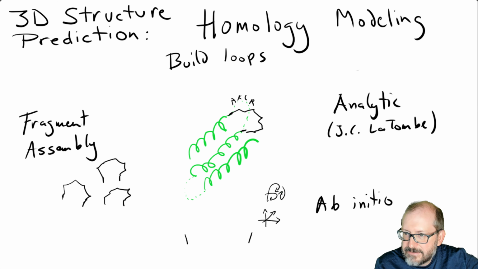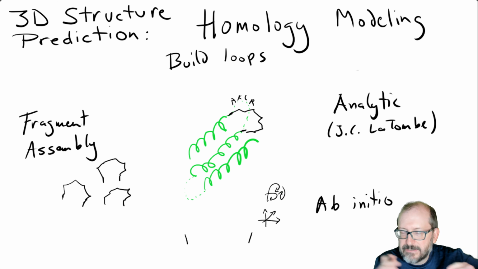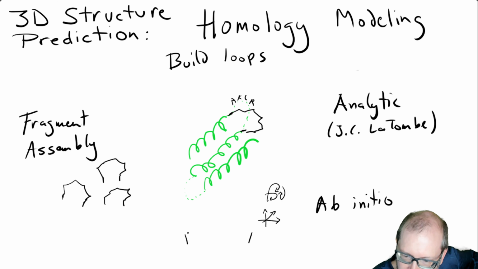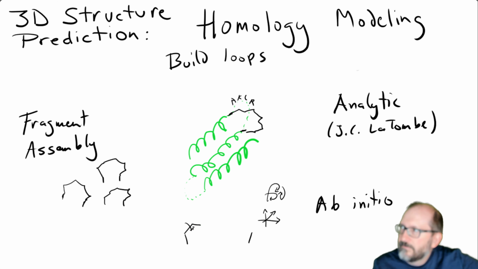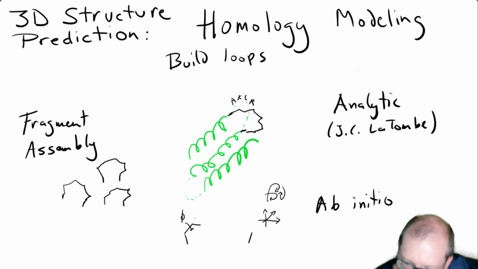And that means that a loop that is long enough and that has 6 degrees of freedom can be found which connects these two anchor points, right? And so each residue in a protein has 2 degrees of freedom, right? The phi and the psi angles.